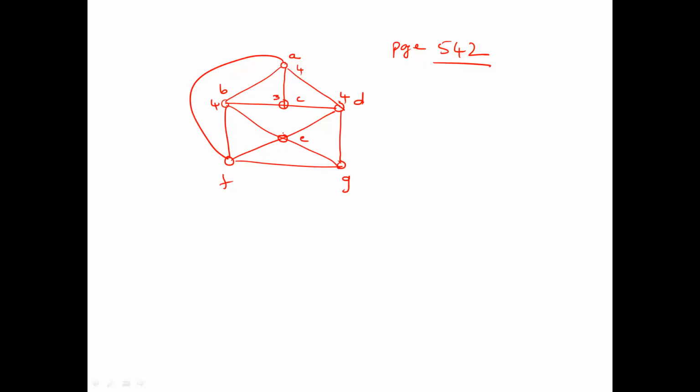E? 4. F? 4. G? 3. So tell me whether this contains a Euler circuit or not.